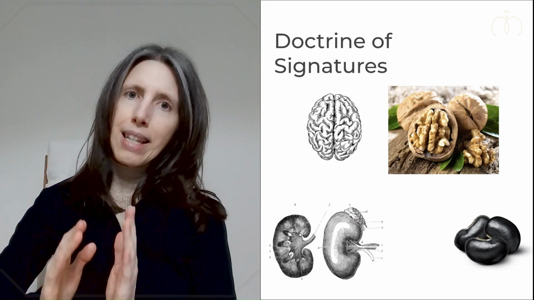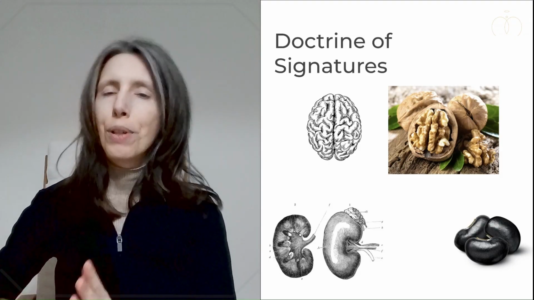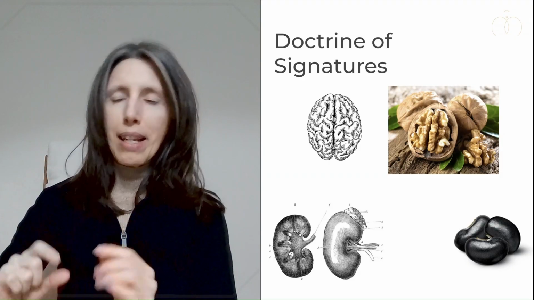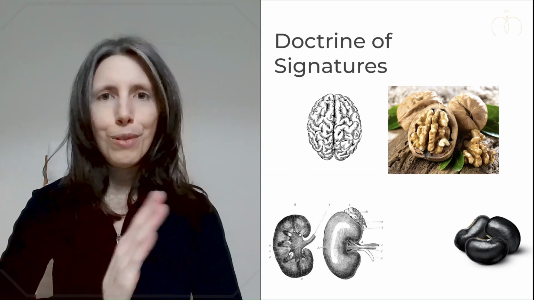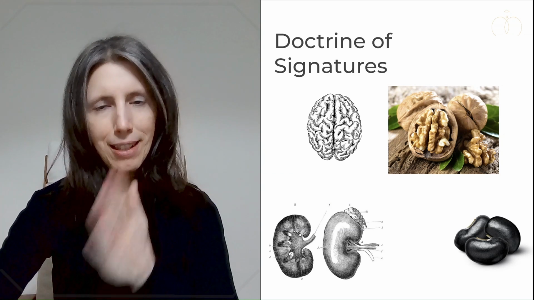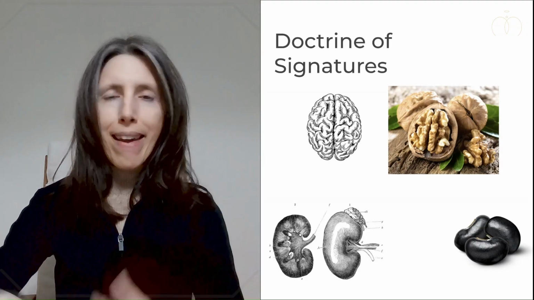The kidneys are associated with the water element, which is associated with the color black. So the shape of the bean and the fact that it is black, it's a double whammy of goodness. So traditional Chinese medicine associates black beans as a very good support for kidney health.